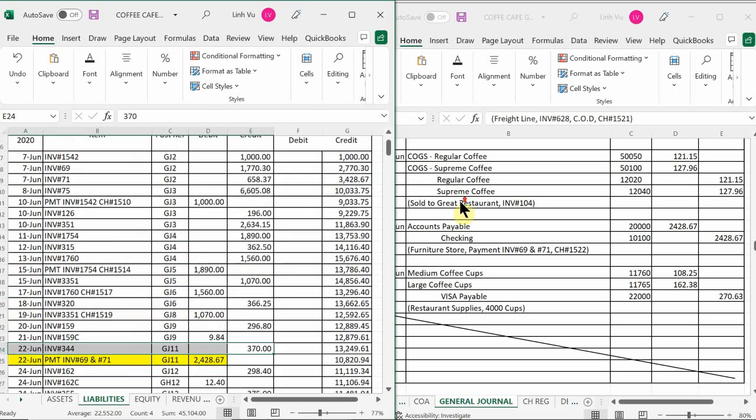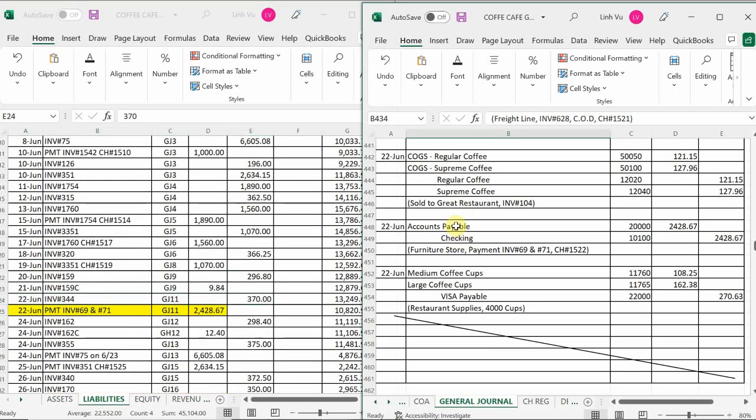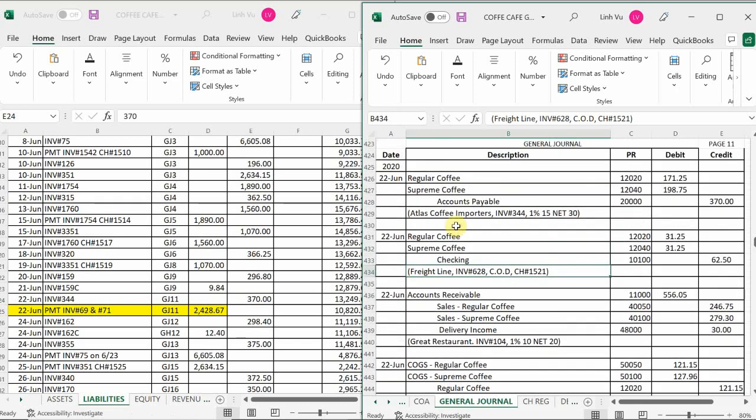For the regular coffee. For 370, right? Accounts payable for 370.